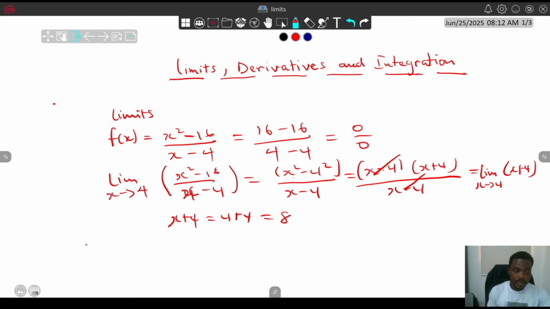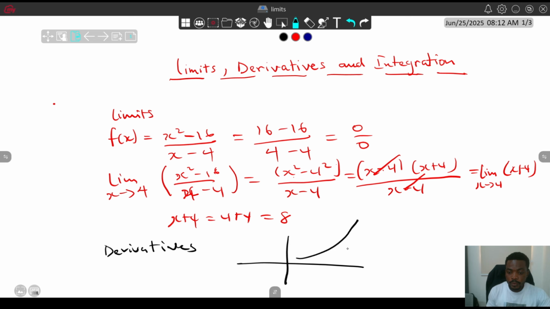So how about derivatives? What are derivatives? Derivatives simply help us to find the slope of the curve of a function. Say you plot a curve like so, and you want to find the slope of the curve.